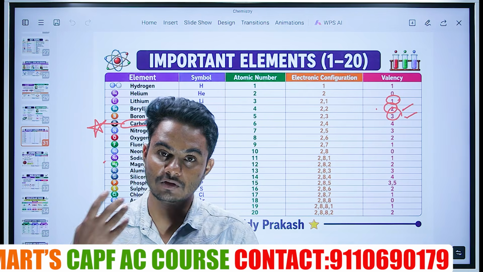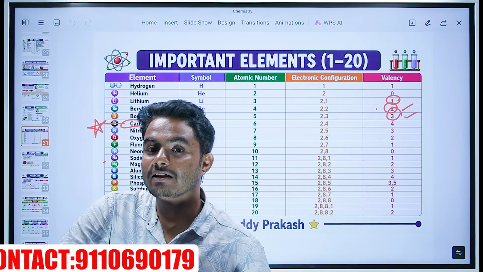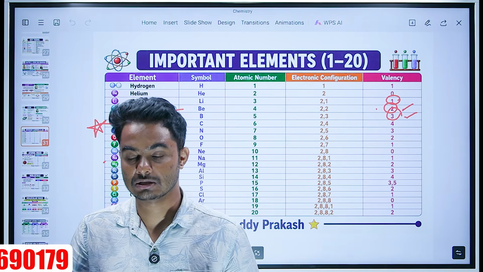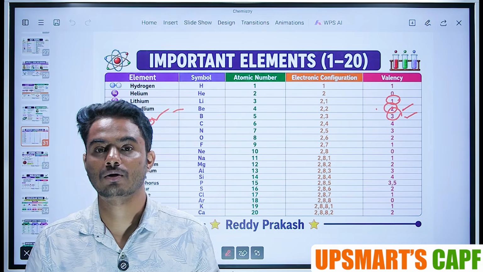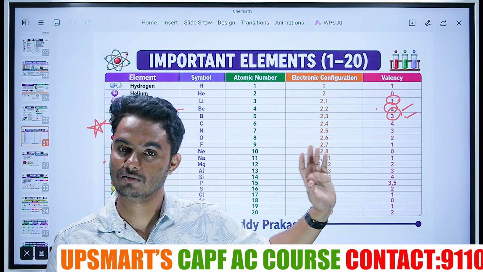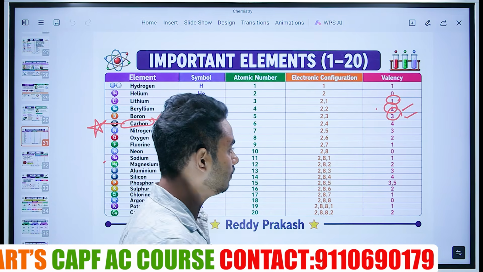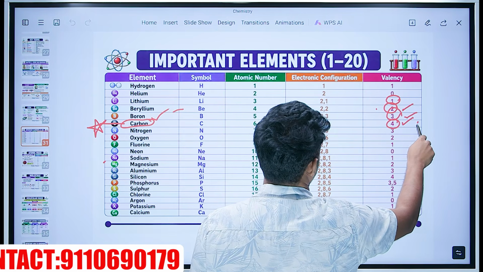Losing 4 electrons is the same as gaining 4 electrons; it is of similar energy. So both are energetically difficult for carbon. So it will remain as it is. So here the valency is 4.